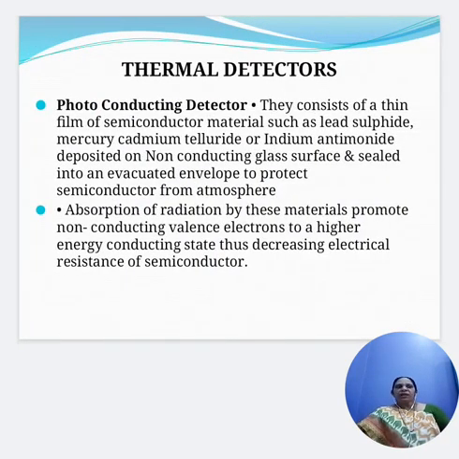Then coming to the last type of thermal detectors, the photoconducting detectors. These consist of a thin film of semiconductor material such as lead sulfide, mercuric cadmium telluride or indium antimonide, deposited on a non-conducting glass surface and sealed into an evacuated envelope to protect the semiconductor from the atmosphere.